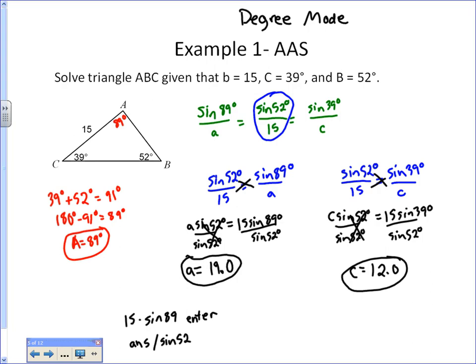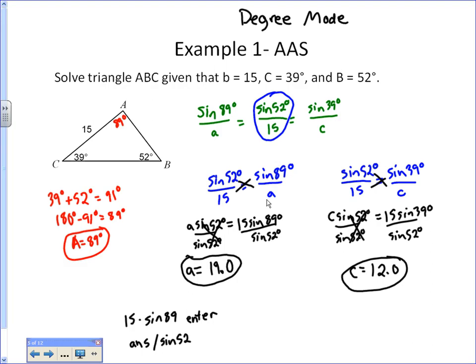Okay, let's talk about the work that I want to see on a problem like this. I can assume that you could get A equals 19.0 just using your calculator. That's fine. But I want to see you plug into the law of sines, and I want to see in some form what you're typing into the calculator down here.